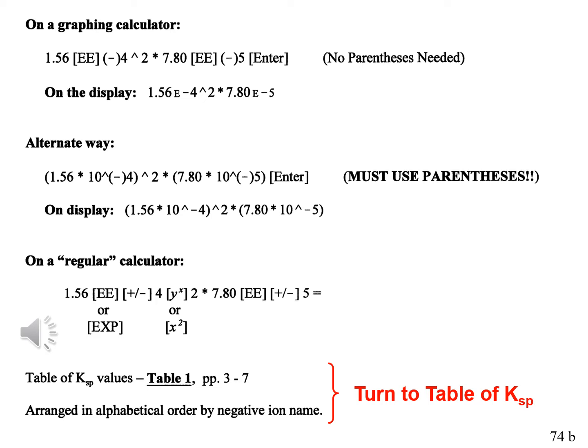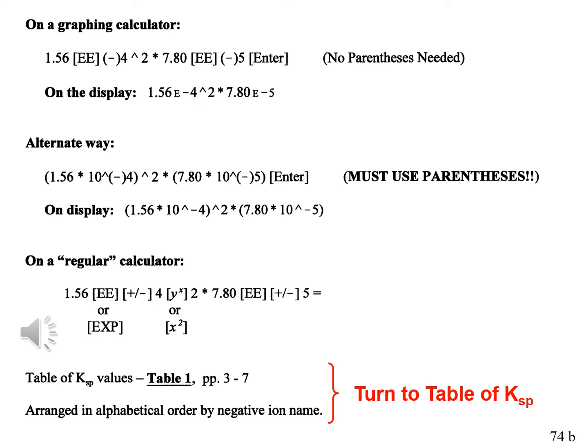If you look now down below, it says there's an alternate way, and a lot of people like to enter scientific notation this way because it's more intuitive. But there's one caution that you absolutely have to pay attention to. If you enter scientific notation as 1.56 times 10 caret negative 4, you absolutely have to put parentheses around it.